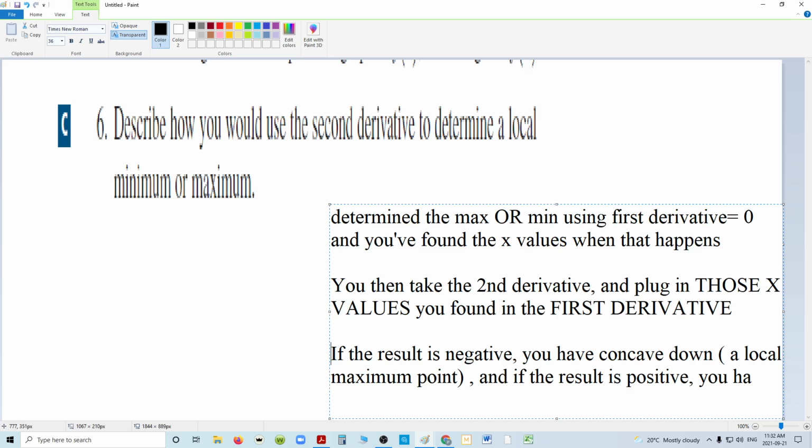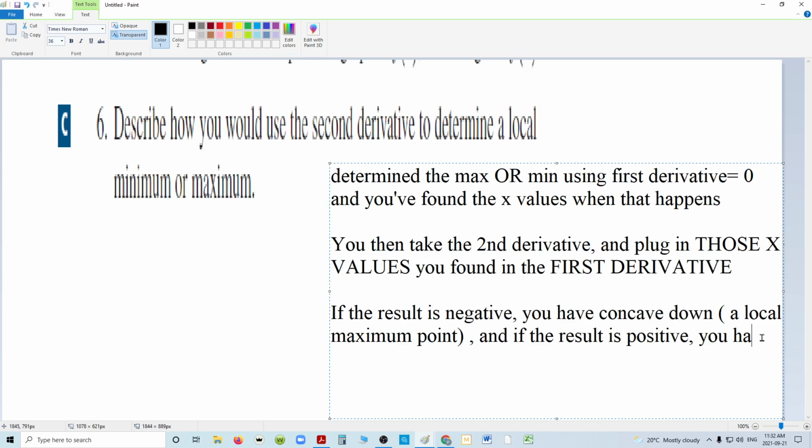If the result is positive, you have concave up, meaning it's a local min point. There you go. That's exactly how you should do it.